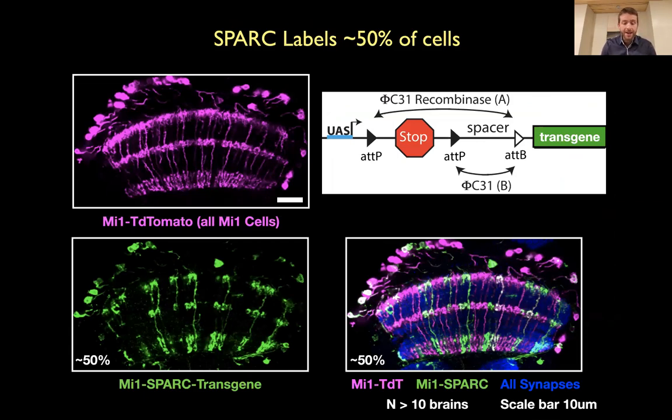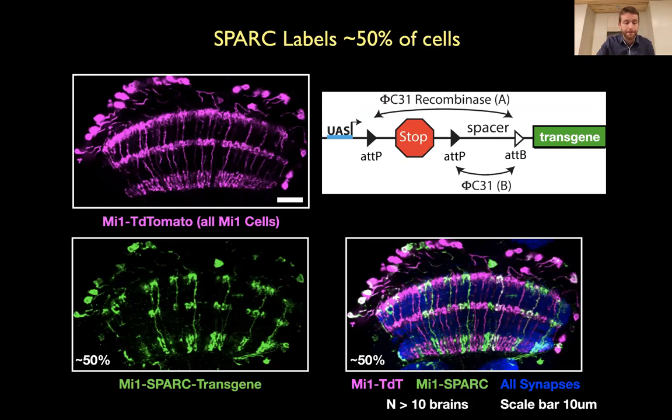And what you can see is you label about 50% of these cells here with GFP. Now, I'll show you more detail later, but these neurons on the lower left are the same neurons that you're seeing in the upper left, and in the lower right, you can see the overlap.